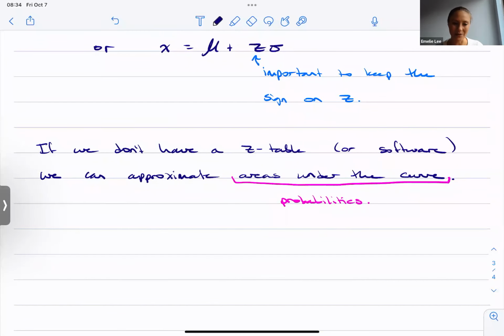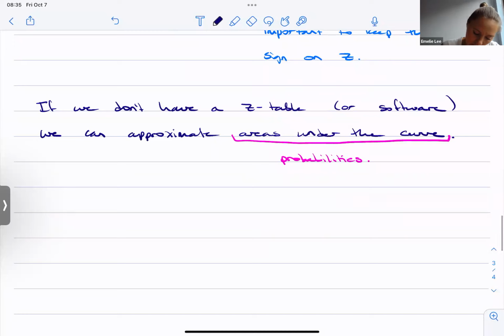How? We call it the 68, 95, 99.7 rule, which is also called the empirical rule, but usually I just call it by that name. So I guess I didn't finish this sentence.